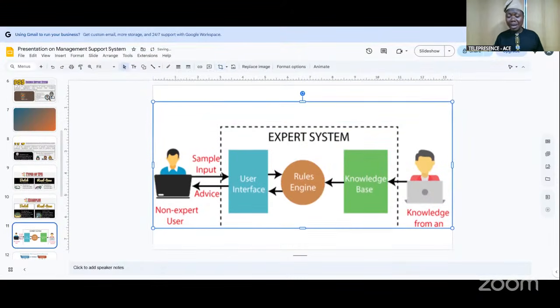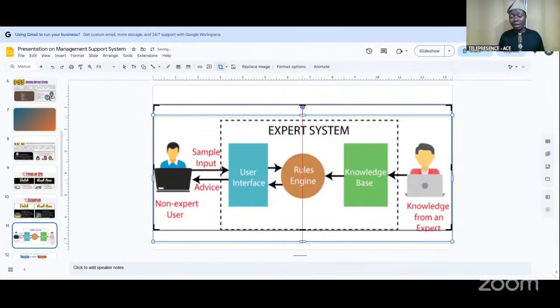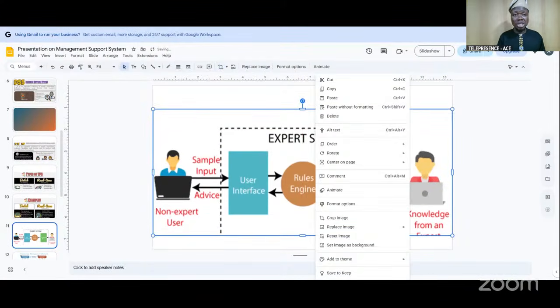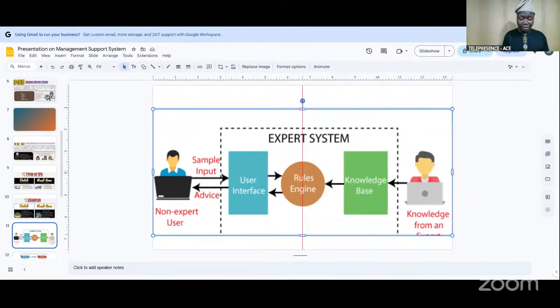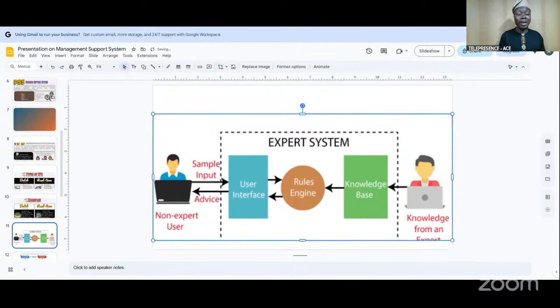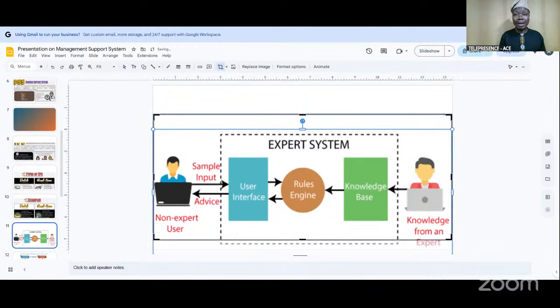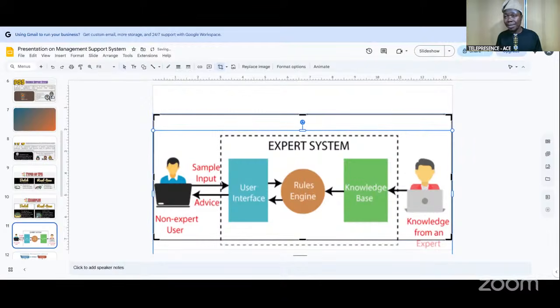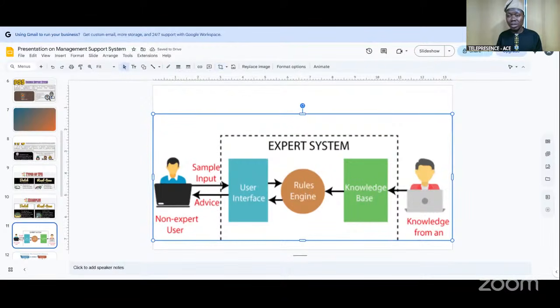But we can now develop a system that, when you submit your data, will give you a medically informed decision. For example, you enter some data about your health, then the system will come back and tell you that you are having this, use this, take this.